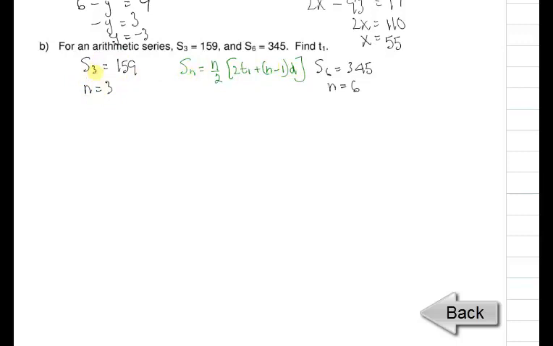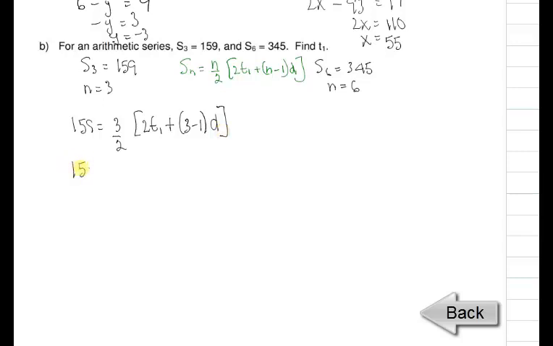So Sn is going to be S3, so in place of Sn, I'm going to put 159. n is 3. I don't know what t1 is. And I know that n is 3, so 3 minus 1. And I don't know what d is. And so I'm going to simplify as much as I can.